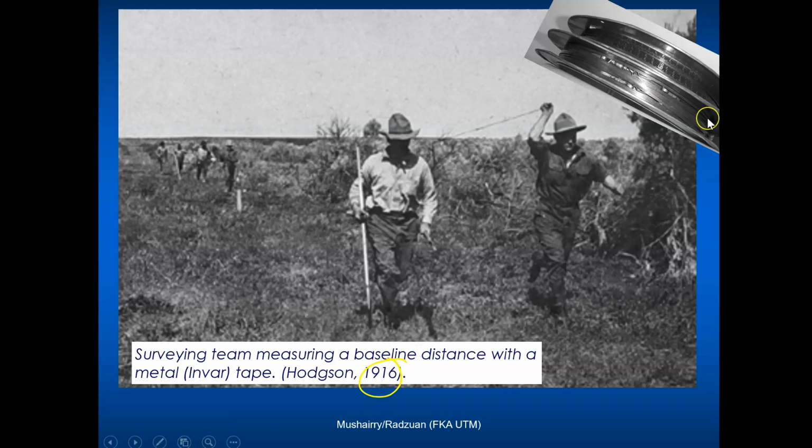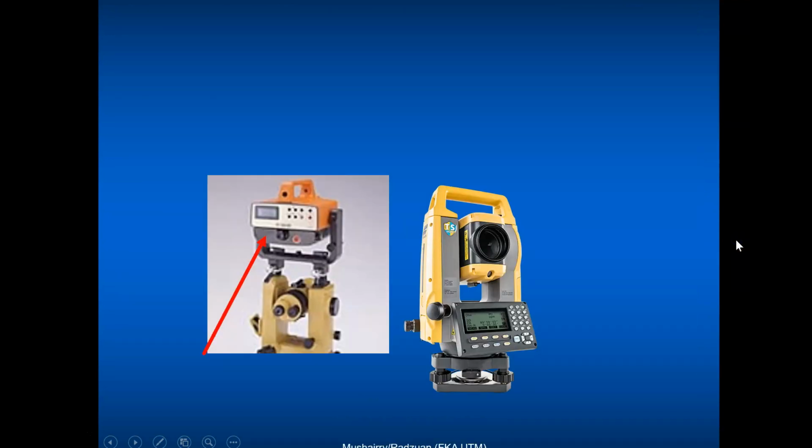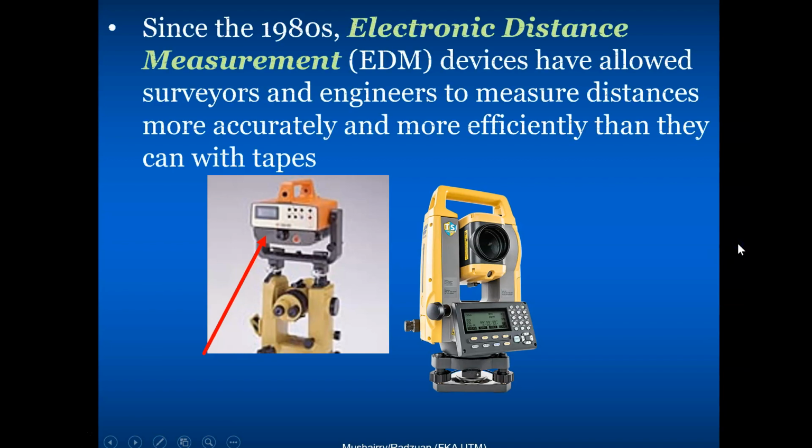So now we have to be thankful to the technology, to electronics. Equipment is getting better, getting smaller, and life is a bit easier now. So when we measure distances now, we make use of EDM, electronic distance measurement, as I mentioned earlier, which allows distance to be measured quite accurately.